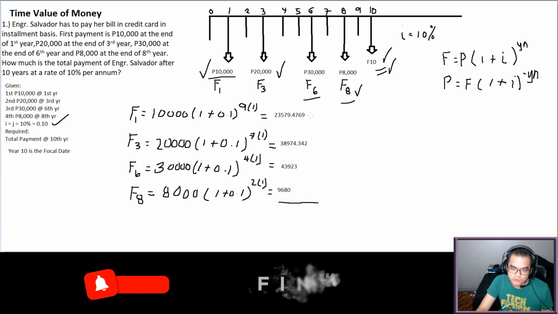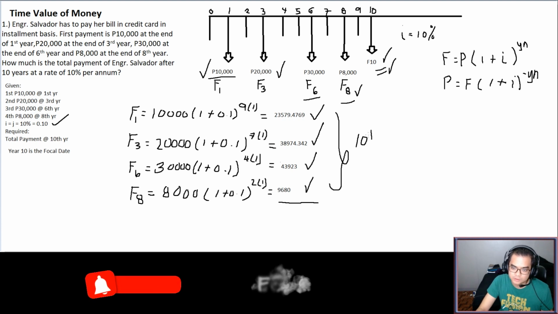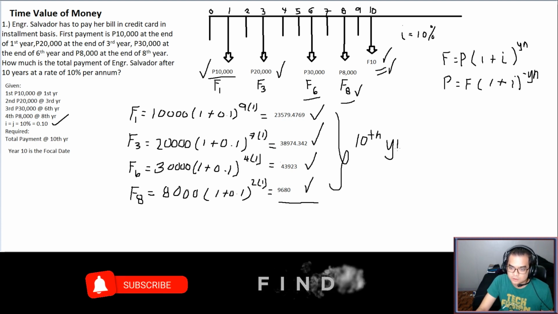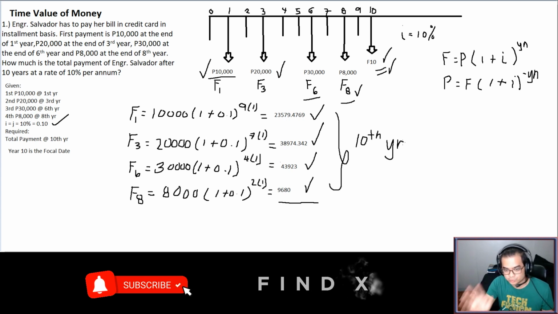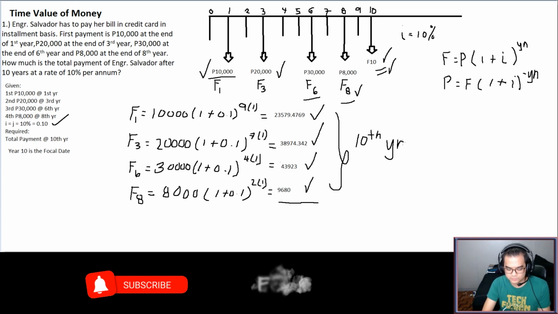So as you can see, these values are already in the 10th year. Therefore, since those are all in the year 10, to know the total payment that Engineer Salvador paid, all you have to do is add those four. So adding those, you'll have 23,579.47 and so on.